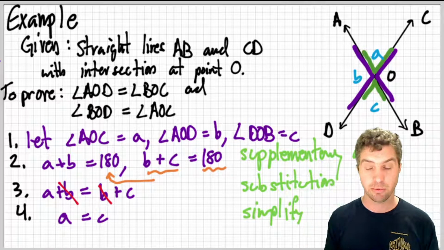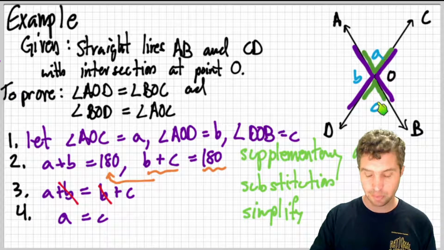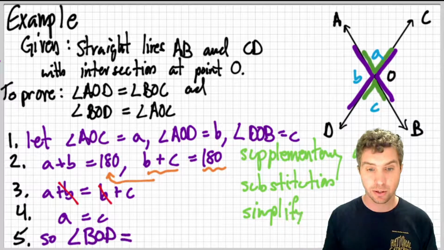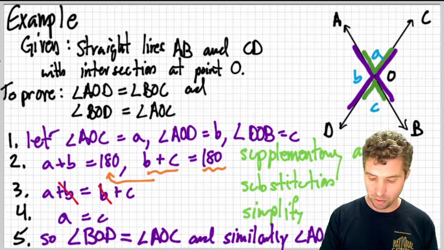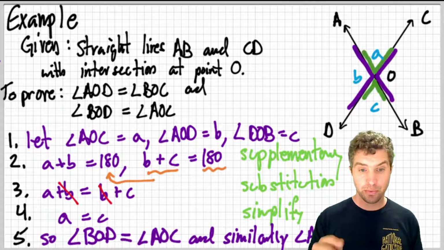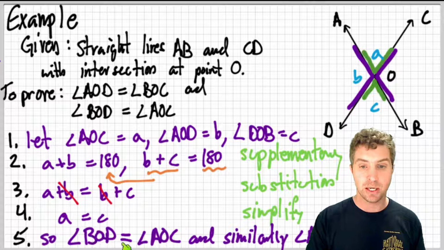We're subtracting something from both sides. So we get A equals C. So this top angle equals this bottom angle C, which means that because I've defined those as BOD and AOC, those two are equal. Got a little stray mark that I'm going to get rid of there. So because I've shown that A equals C, therefore BOD equals AOC.